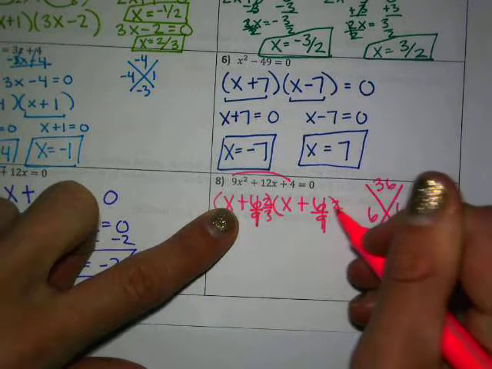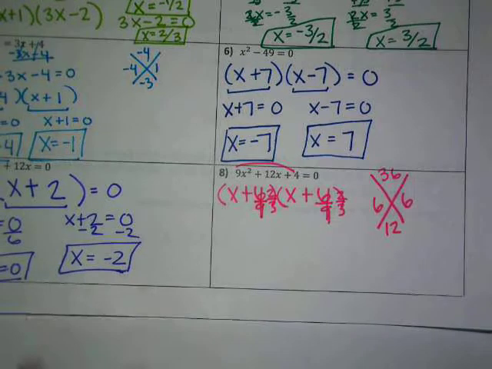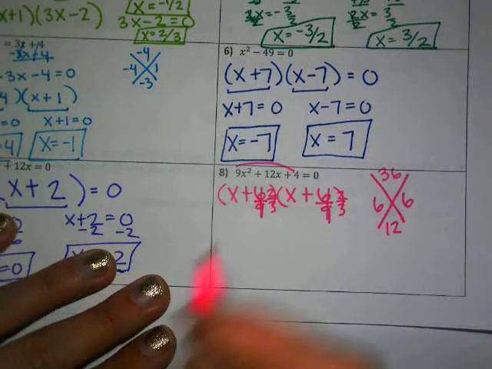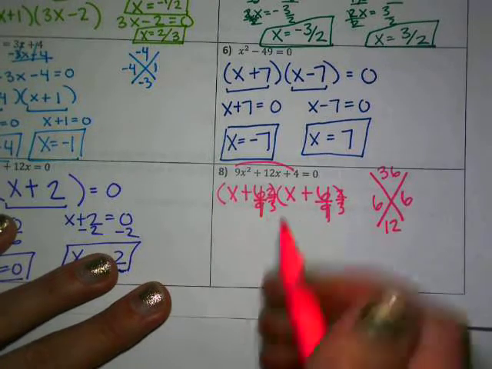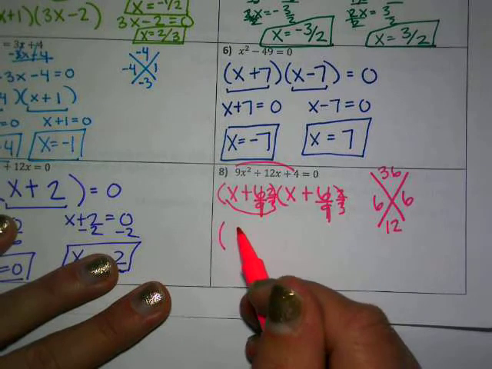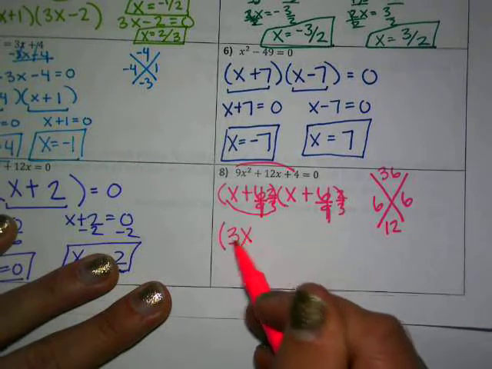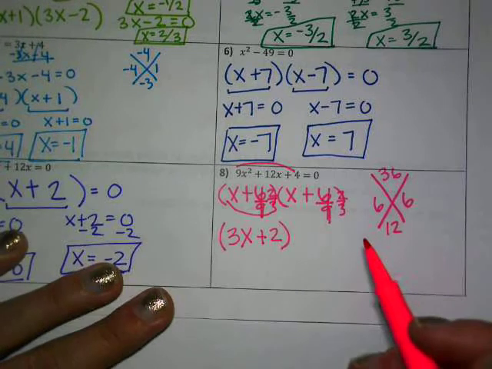If the 3 is on the bottom, how am I going to write it? The 3 is going to go in front of the x. So 3x. Is there only going to be one answer since they're the same? Yeah. 3x plus 2 and 3x plus 2.